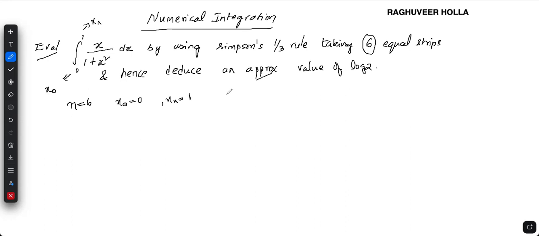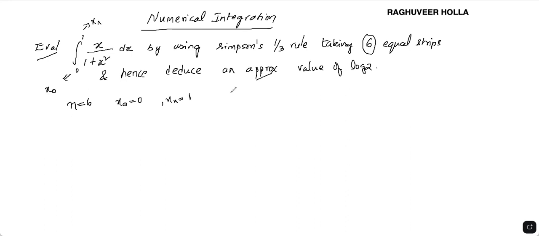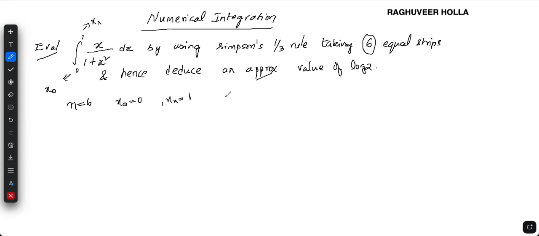To calculate h, it is xn minus x0, that is 1 minus 0, divided by n, 6. So h is 1 by 6. You got this as the interval.